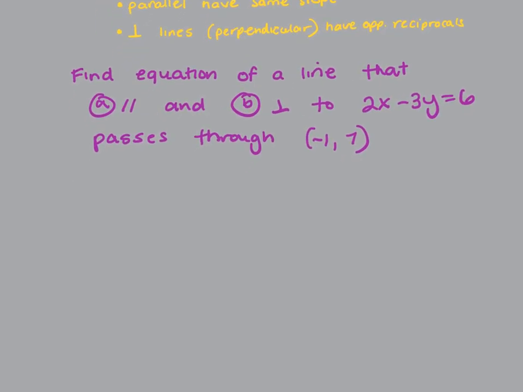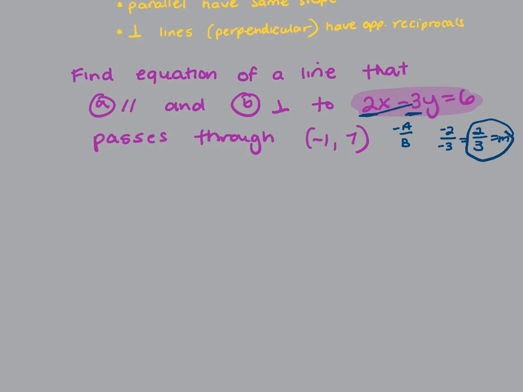So the only piece of information that you get from your first equation is its slope. Remember that you can either get this into y equals mx plus b format and then find your slope that way, or you can do -a over b. That's the shortcut for the slope. A is what's in front of the x, so this is -2 over b, what's in front of the y, -3, which means the slope of my original line is 2/3.